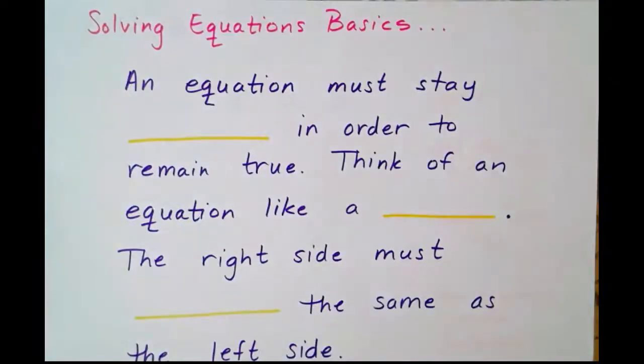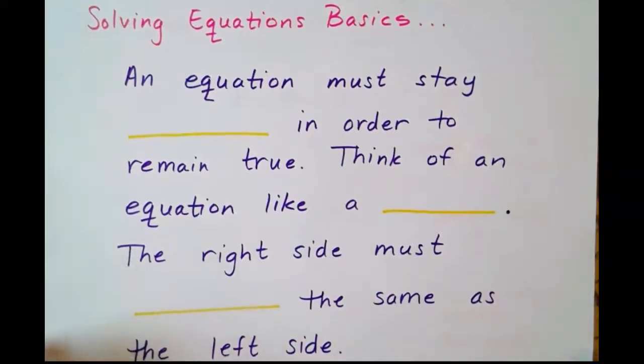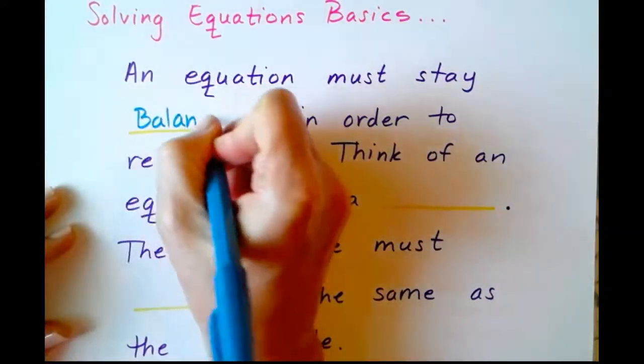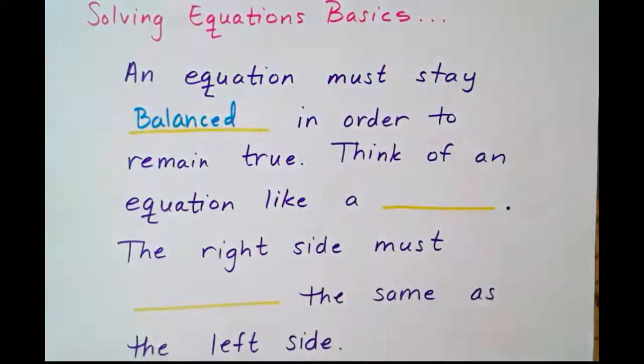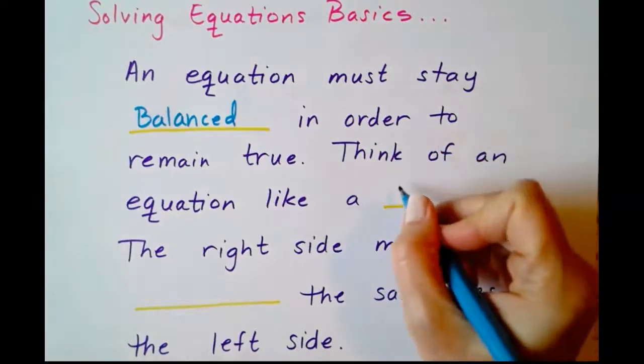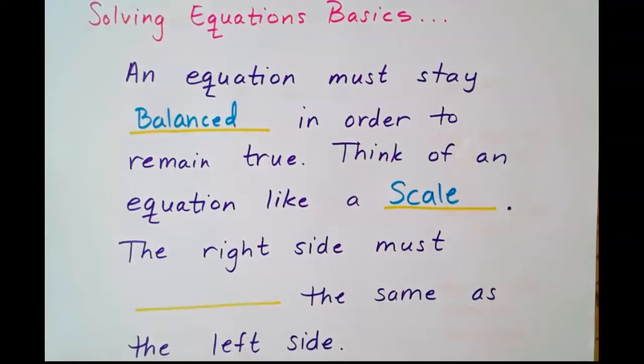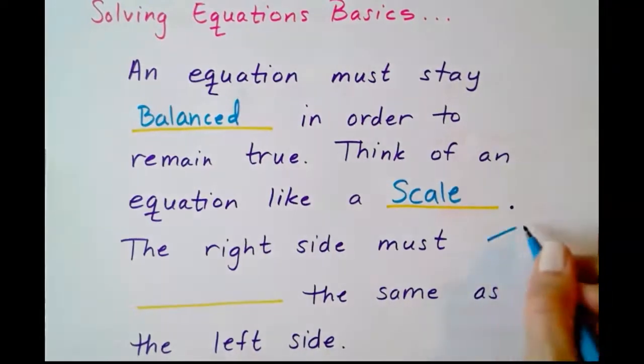So, solving equation basics. An equation must stay balanced. Think of an equation like a seesaw or a scale. A scale normally has a right side and a left side, and it kind of looks like this.